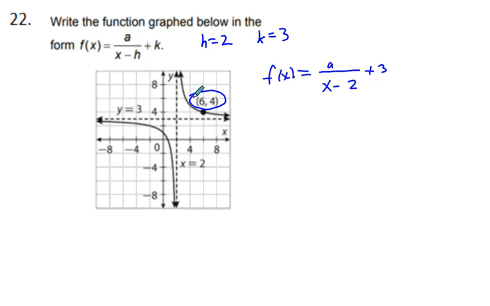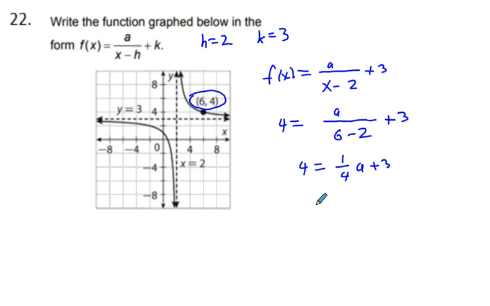So we have this point here, 6, 4. And so we say 4 is equal to a over 6 minus 2, plus 3. We're just plugging in 4 for f(x) and 6 for x. So we have 4 equals 1/4 a plus 3.